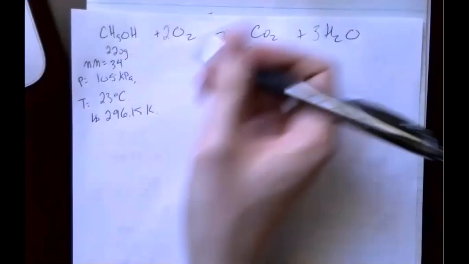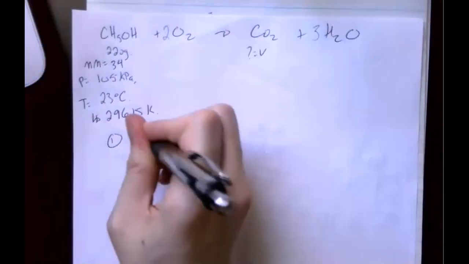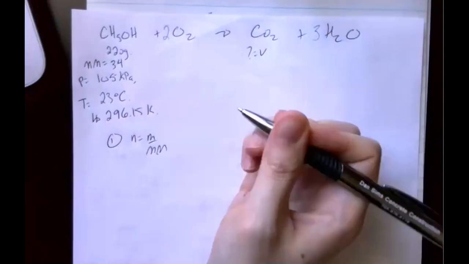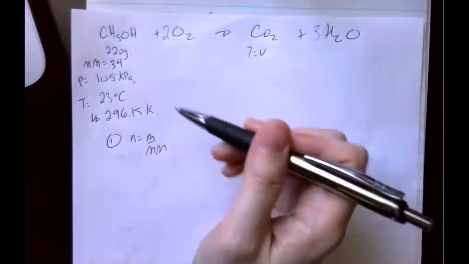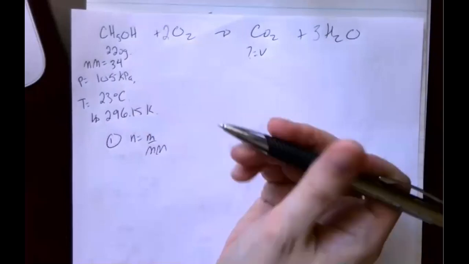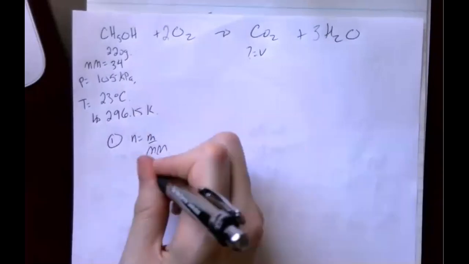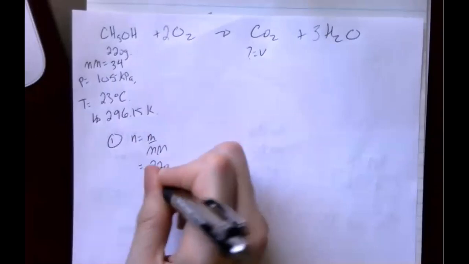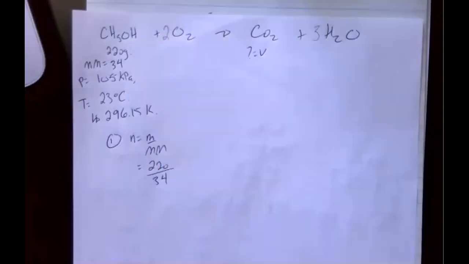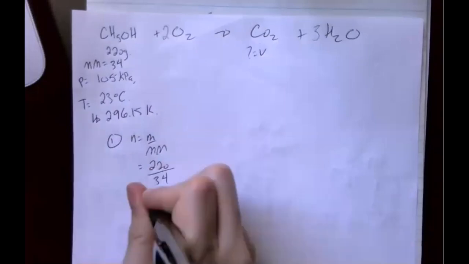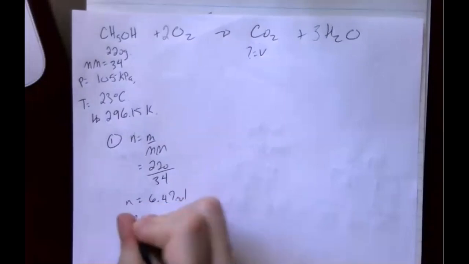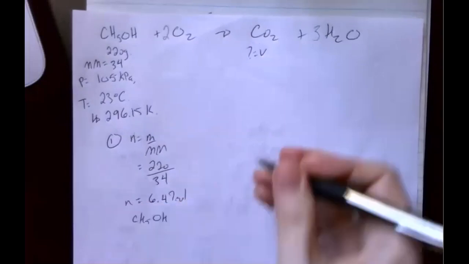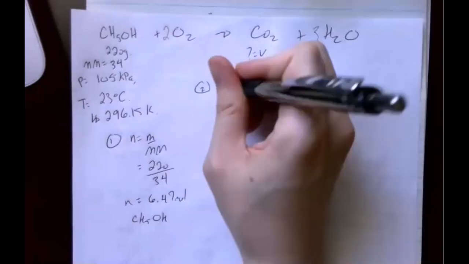That means my first step can actually be moles equals mass over molar mass. Again, anytime I see grams, I'm thinking of this formula. So I'm going to plug in my 220 grams divided by my molar mass of 34. And I get 6.47 moles of C2H5OH.